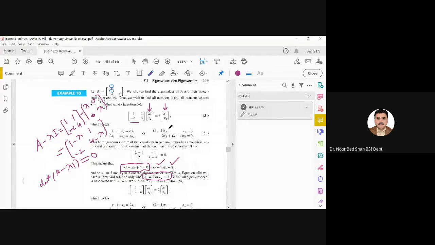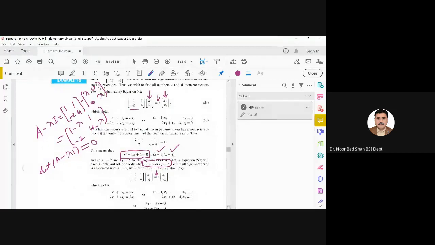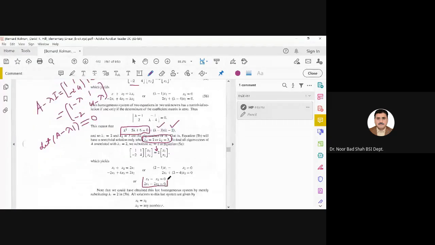For lambda equal to 2, we find the solution of this homogeneous system of equations. Obviously there will be a free variable involved, any arbitrary free variable will be introduced here. I hope you know how to find the solution of homogeneous systems of equations.